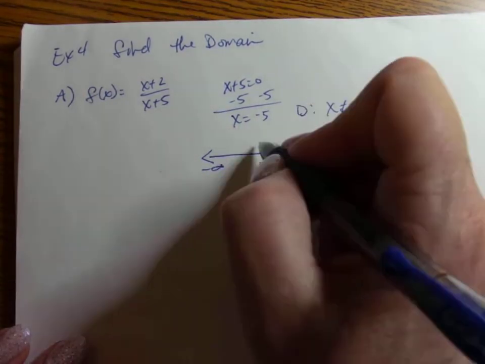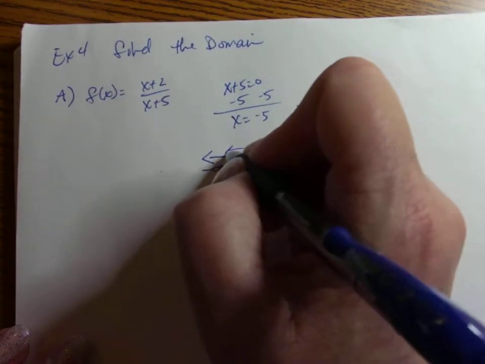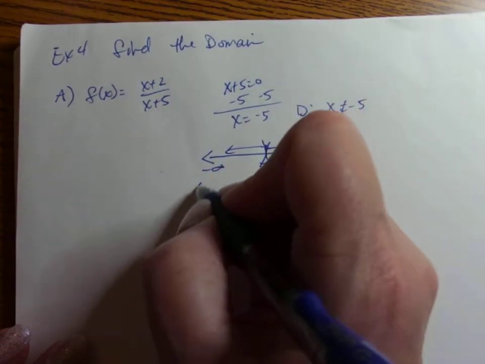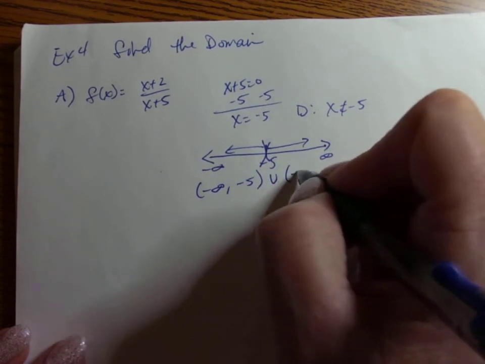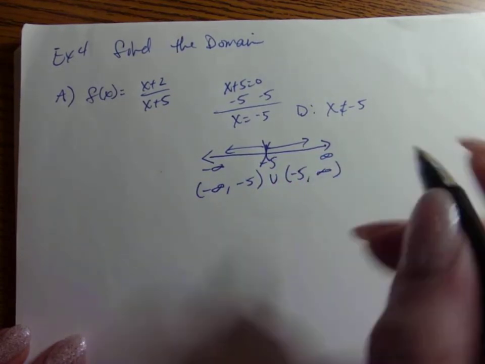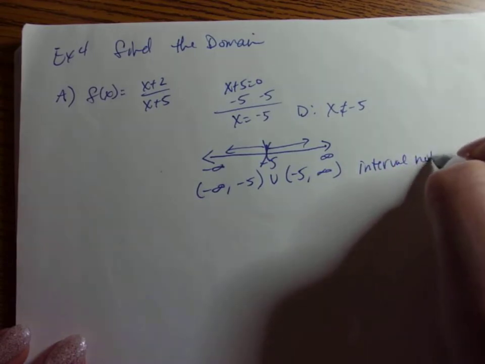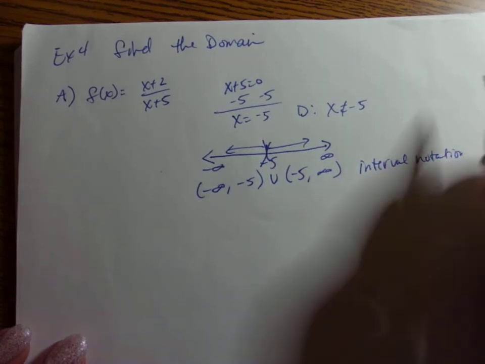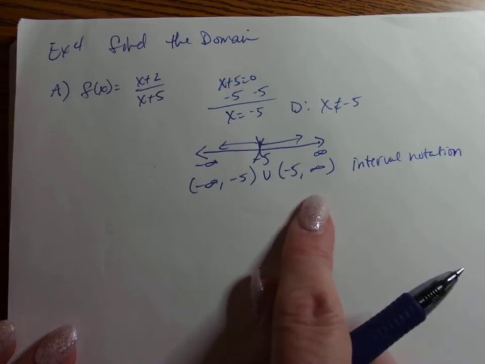It can't be this, so this will get parentheses. And then it's going to go this way and that way. So that means we'll have negative infinity to negative 5 union with negative 5 to infinity. This is the interval notation. Okay?